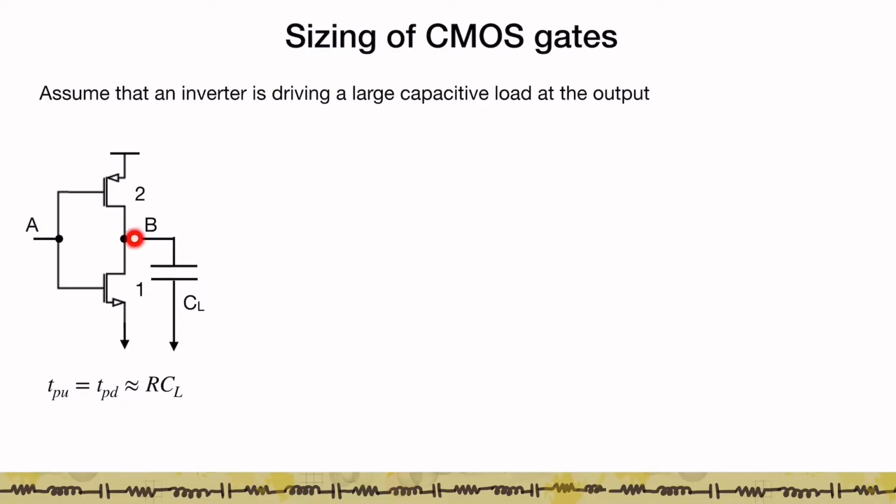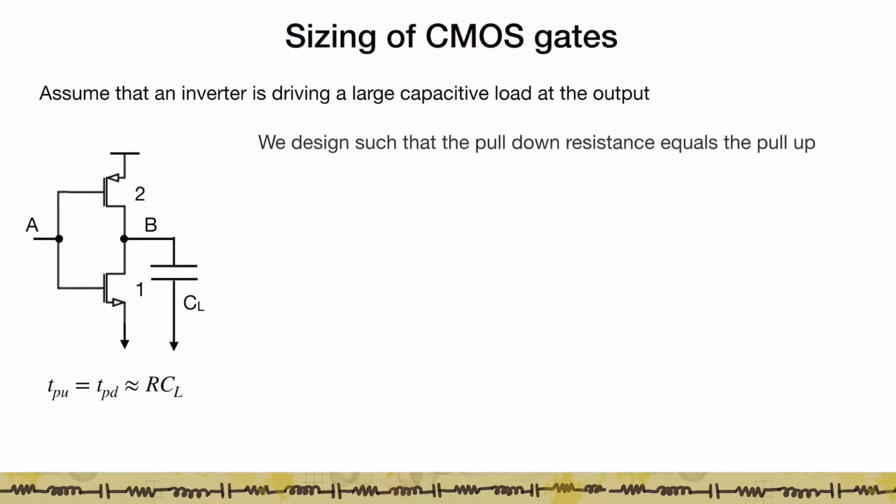Now if we assume that this inverter is driving a very large capacitive load, that is, we can assume the capacitance at the output node is completely dominated by this external capacitance, then the pull up and the pull down delays are equal, and they're given by R times CL, where R is the resistance offered by this NMOS during the pull down transition or this PMOS during the pull up transition.